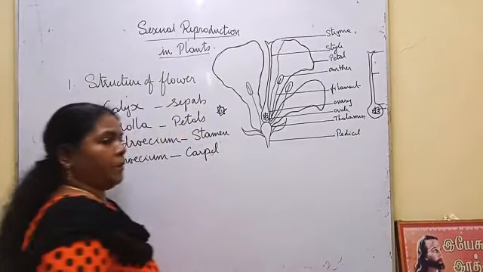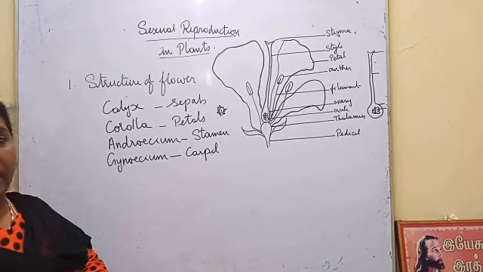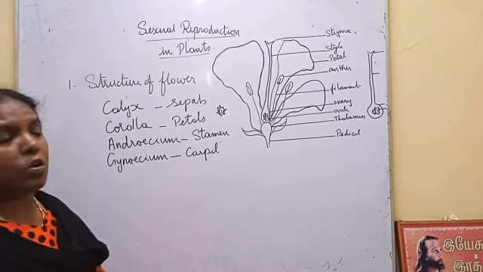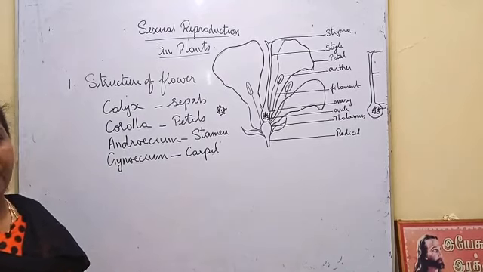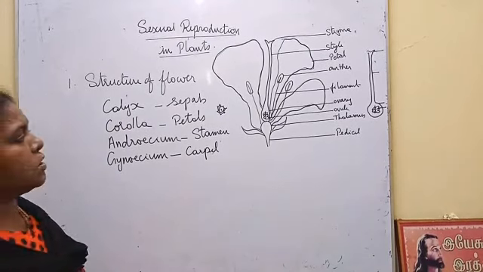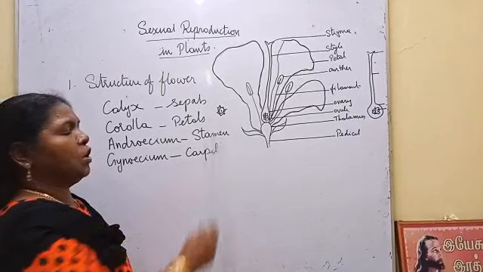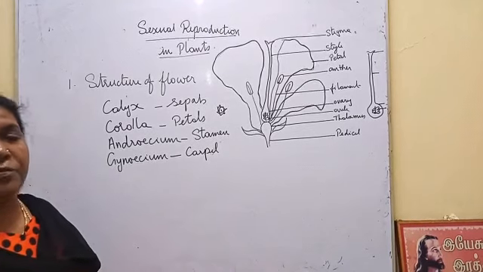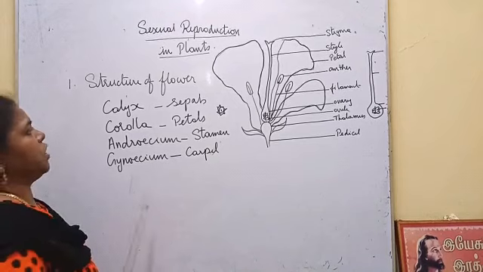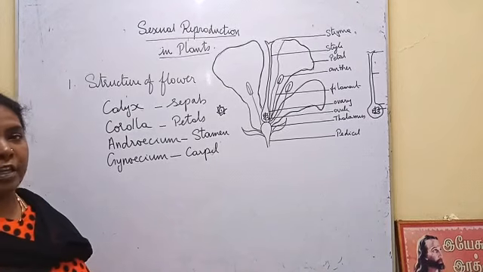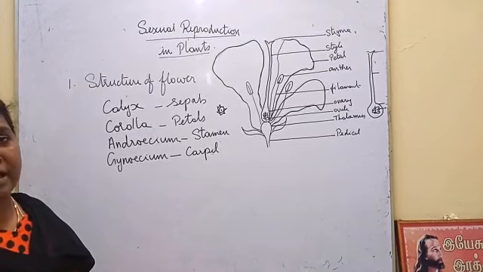Inside the ovule, the female gamete, the ovum, is produced. I said sexual reproduction is fusion of male and female gametes. So, sperm should reach the egg nucleus and fertilization should take place. For that, the first process is pollination. The next process is fertilization.